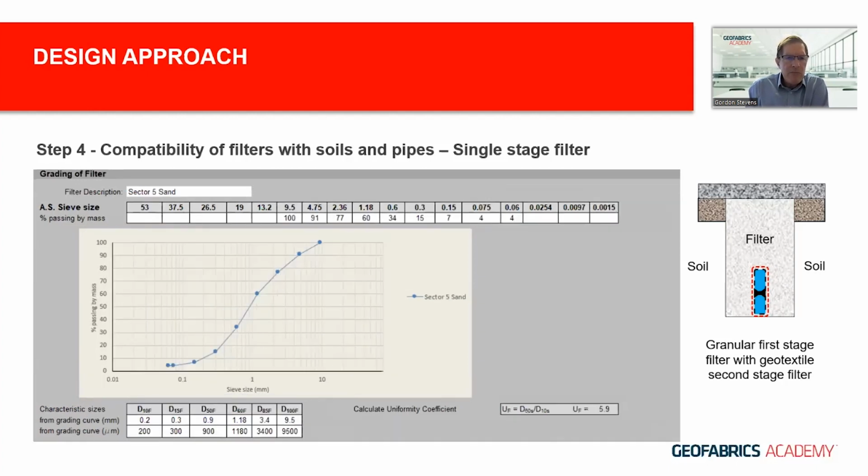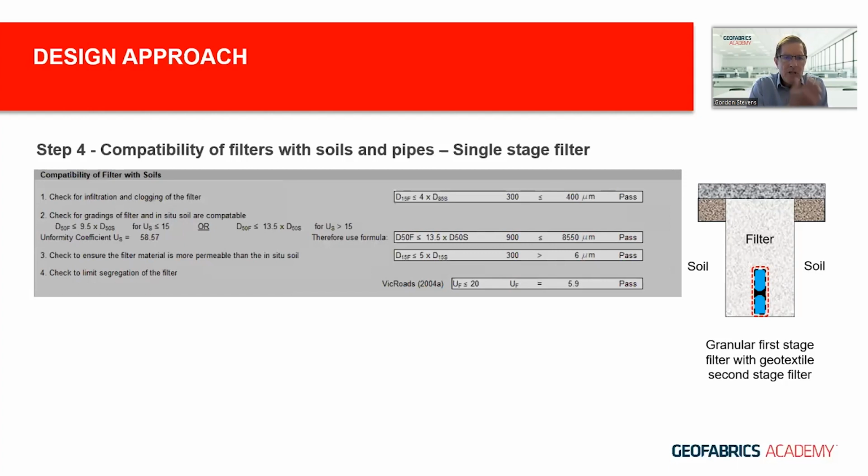We need to do the same thing for our filter material, which is a sand. So we do that. And then we do our various checks. And what we find is we satisfy all those criteria. So that particular sand filter that has been proposed is suitable for use with that surrounding soil type.